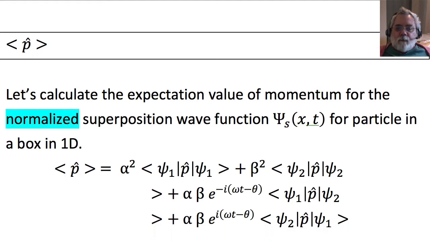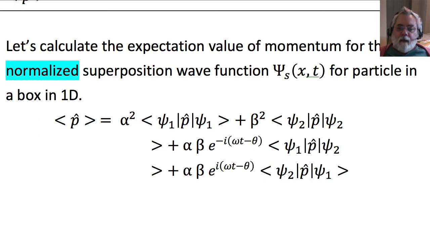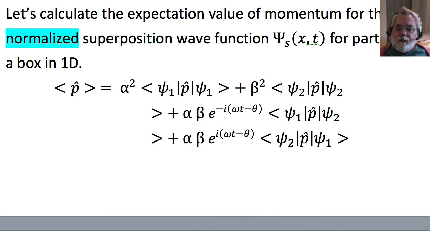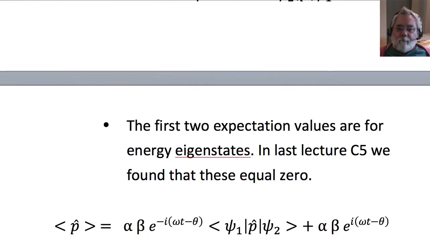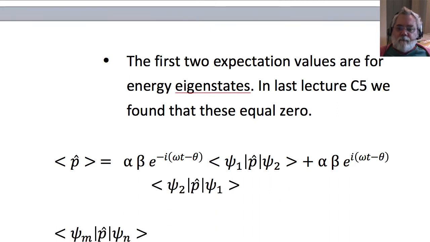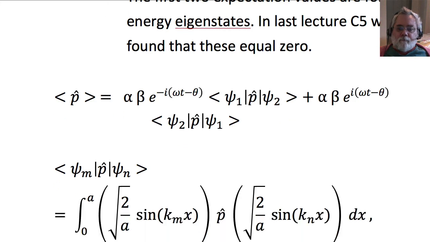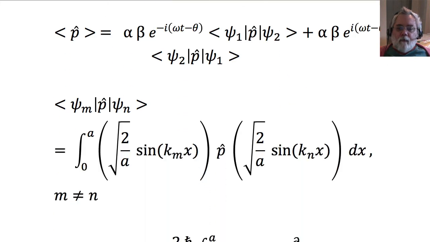Let's calculate the expectation value of momentum for superposition wave function psi sub s. Again, we have the formula for a generic operator O. We substitute in operator P. And then it's just math. We know something from last lecture, C5. We have an integral. Maybe we did that in lecture C5.